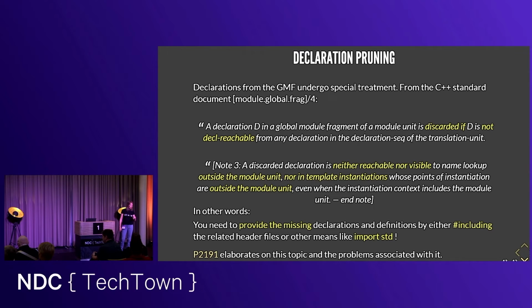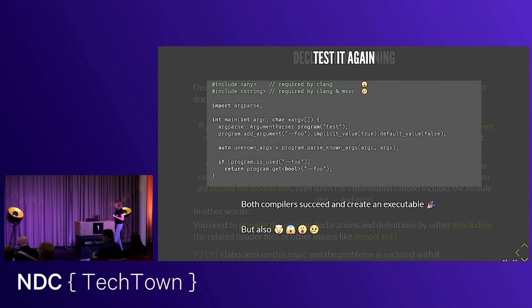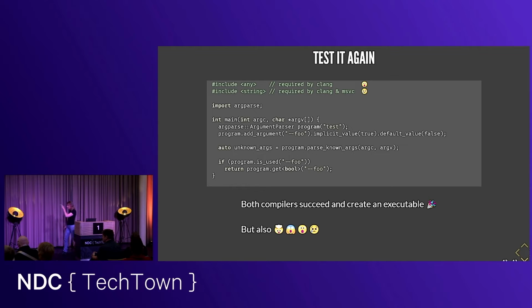If you can, use the modularized standard library so you don't have to figure out which declarations are missing. Because otherwise, you need to figure out in this particular case, in this particular integration test, we need the any header and the string header, and none of them appears in my own source code. How would you as a developer figure out which headers are missing?